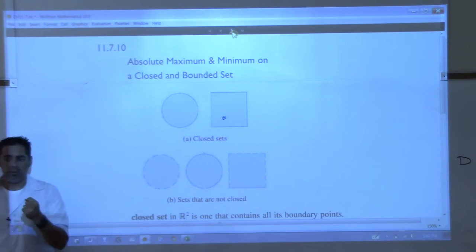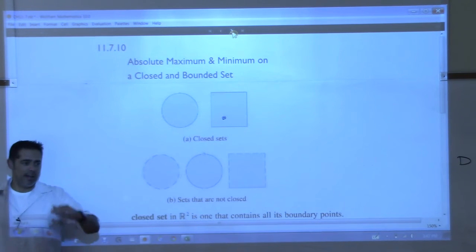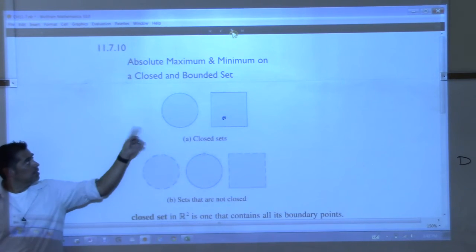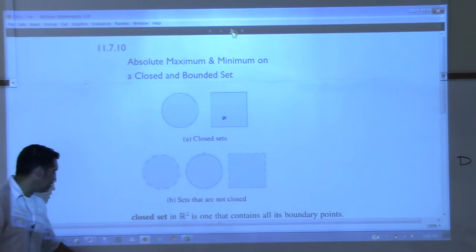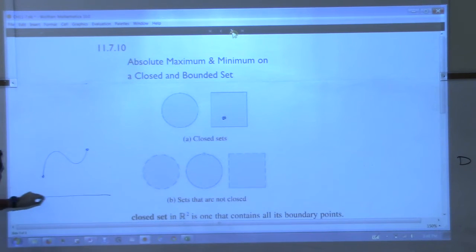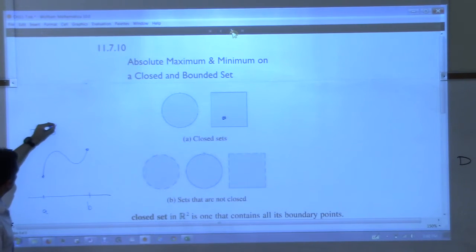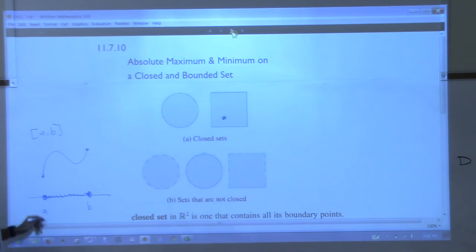So we are going to be looking at trying to find the absolute maximum and absolute minimum of a function bounded on a closed bounded set, right? So this is our domain. So it's kind of like this picture here. When we cut this function off, the domain is on the ground, right? This is a closed interval from A to B. So we're talking about the domain here is everything in between, including the two endpoints.